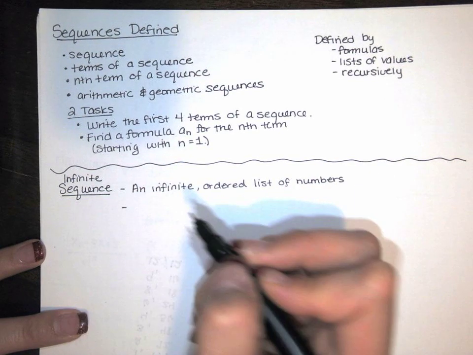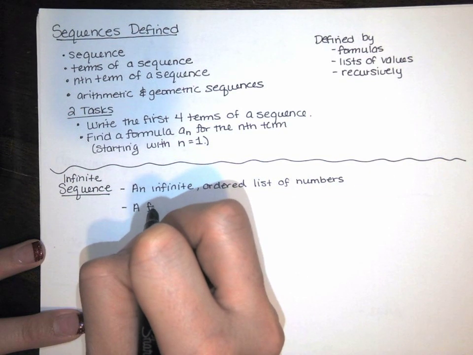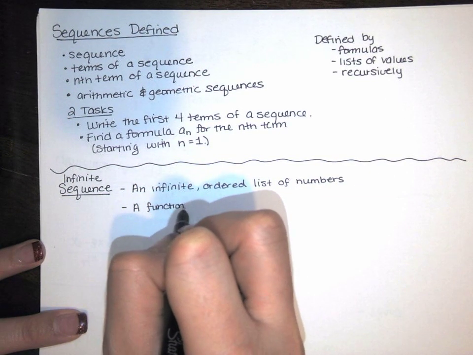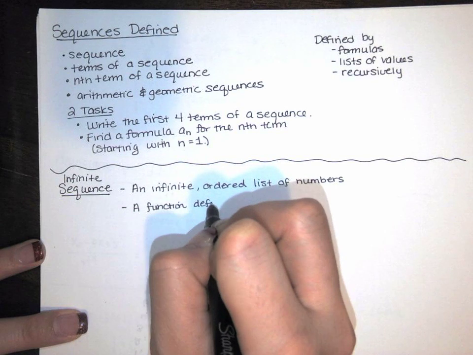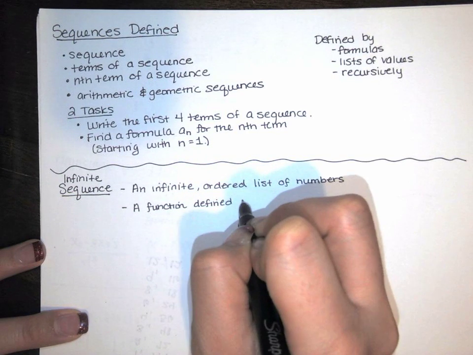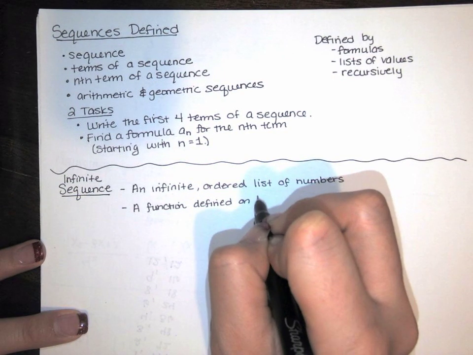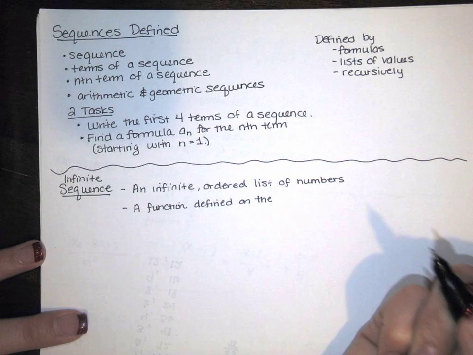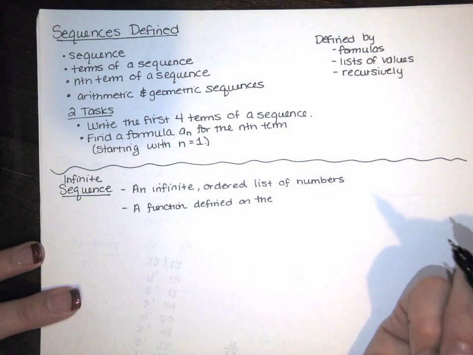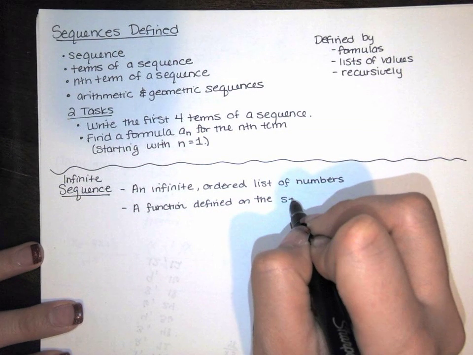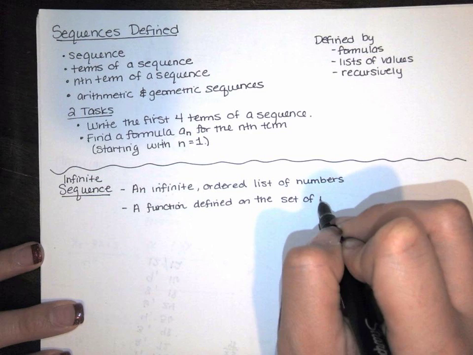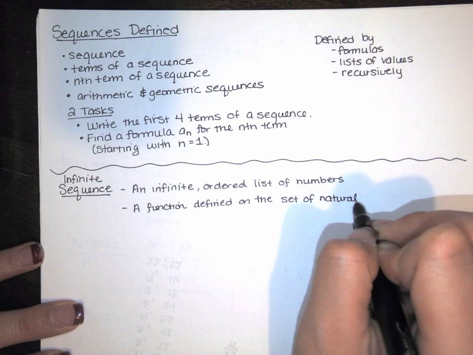Sometimes people will say it's a function defined on the set of natural numbers. So natural numbers are counting numbers.